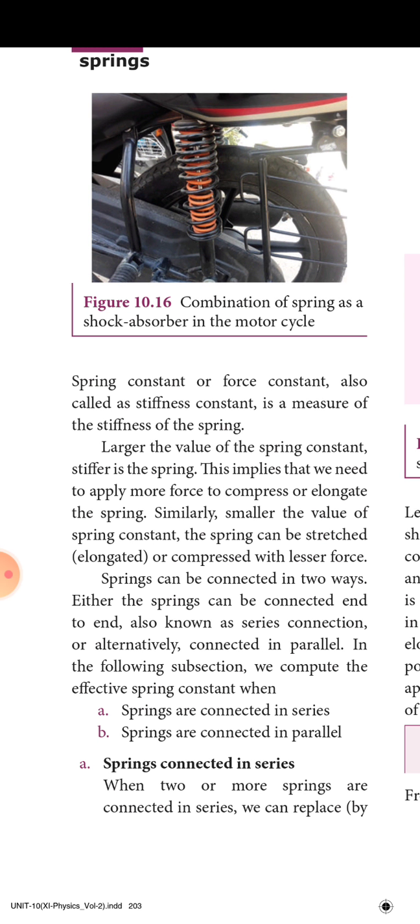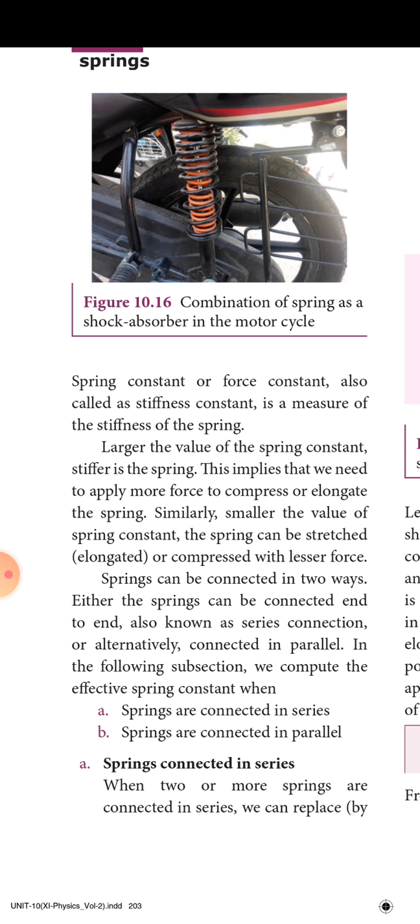The larger the value of the spring constant, the stiffer the spring. This implies that we need to apply more force to compress or elongate the spring. Similarly, with a smaller value of the spring constant, the spring can be stretched or compressed with lesser force.